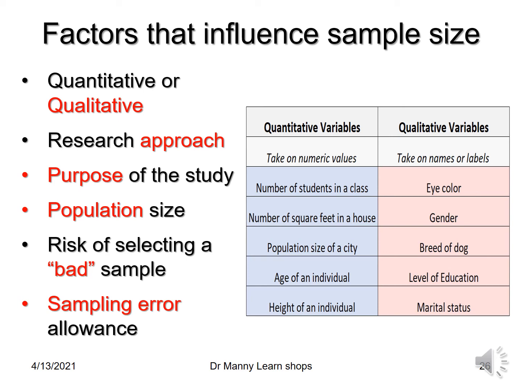Some of the other factors that influence sample size is risking the selection of a bad sample. Meaning that maybe the participants aren't really wanting to participate in the sample, and in doing so, you may not get the information that you want. And that would add to bias. Other things that can affect it could be sampling error allowance.